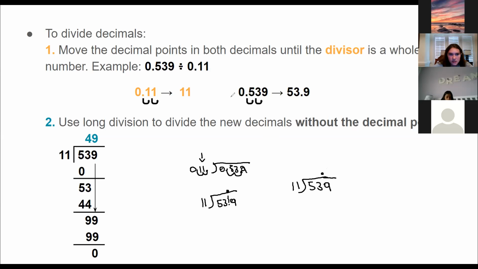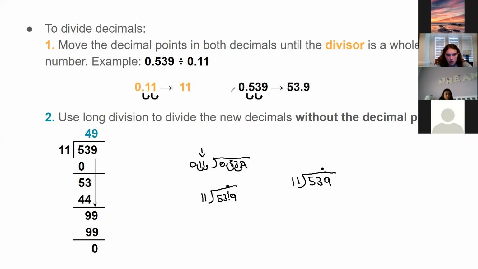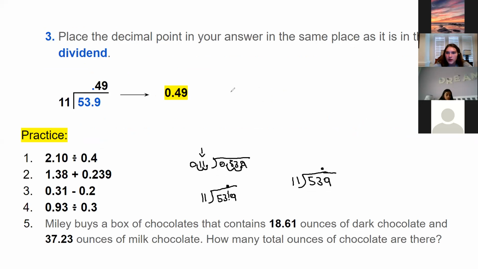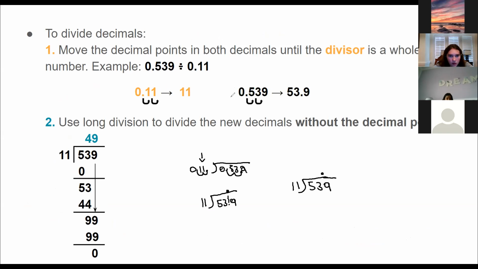So I'm going to see if the directions have anything else. Okay, place the decimal point in your answer the same place as it is in the dividend. So instead of doing that, I would keep it here, but make sure. Let me follow the directions for now.